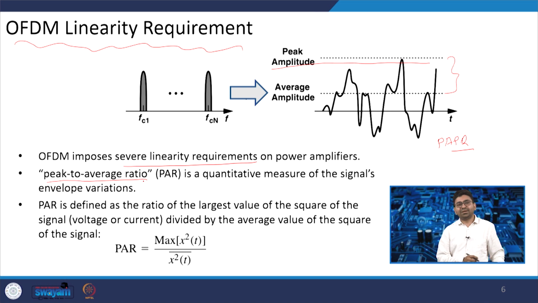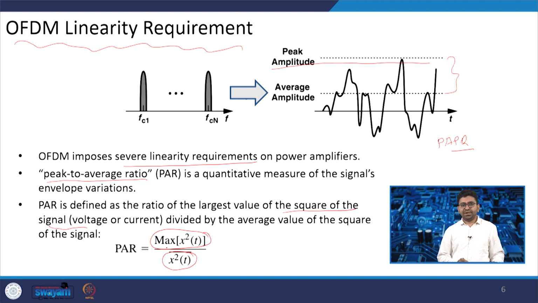It is also mentioned as peak to average ratio, and it is a quantity that measures the signal envelope variation, because there is a huge variation over the envelope. PAR is defined as the ratio of the maximum value of the square of the signal to the average value of the square of the signal. So, this ratio PAR is important.